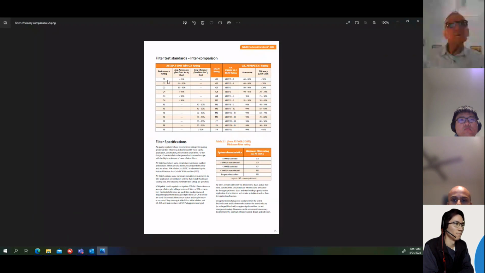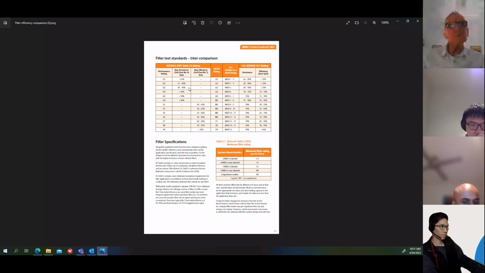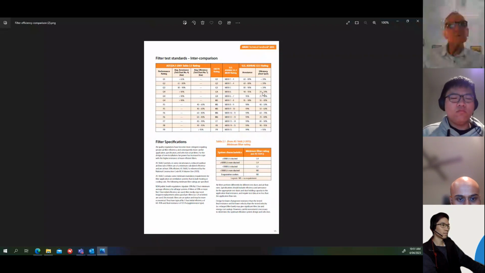Well, on the left-hand side are the Australian ratings from G1 to G4, F5 to F9. This gives the average efficiency on test dust number 1. And normally you can't use anything less than G4. Because G4, if you go over to the right-hand side here, has an ASHRAE rating of 20 to 30%.